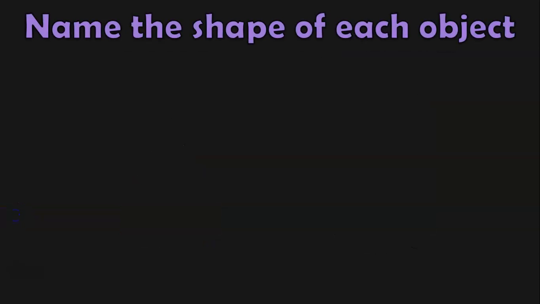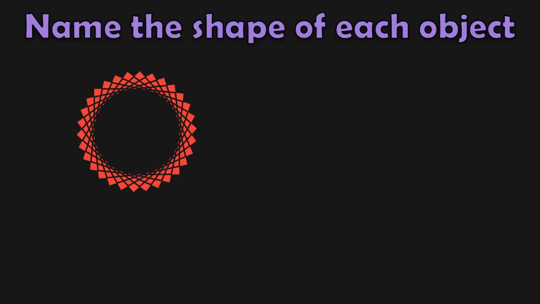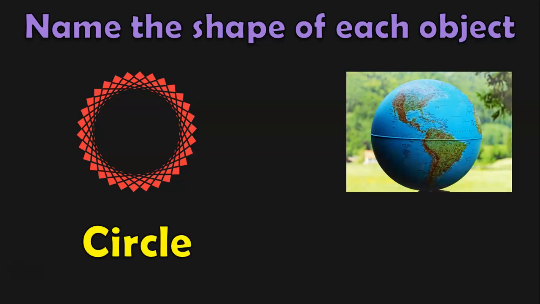Now that we have learned what the plane shapes and the solid figures are, let us do some activity. Name the shape of each object. This is a plane shape and it is a circle. This is a solid figure and it is the sphere.